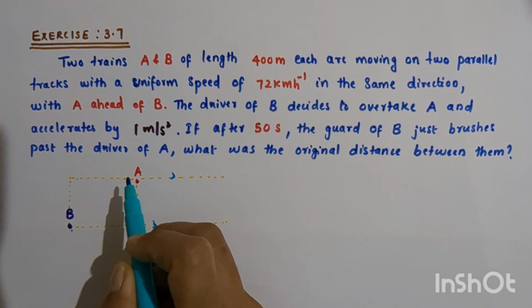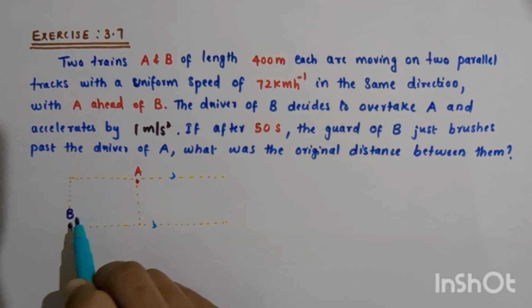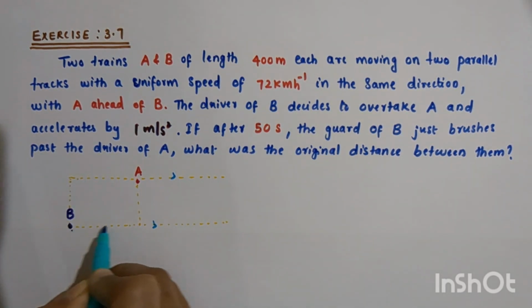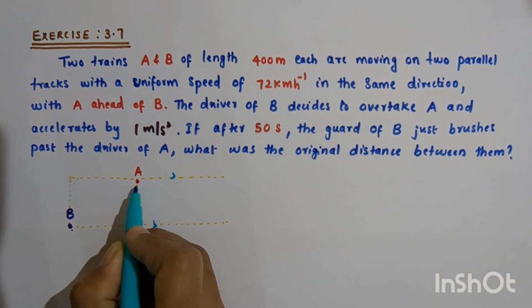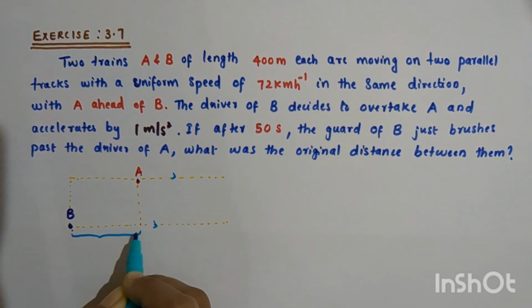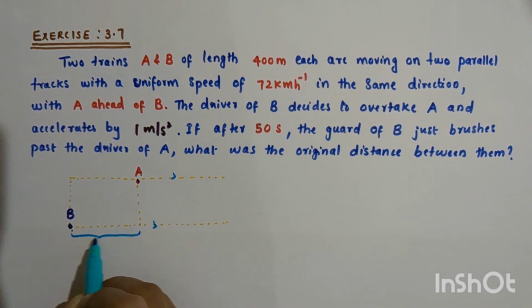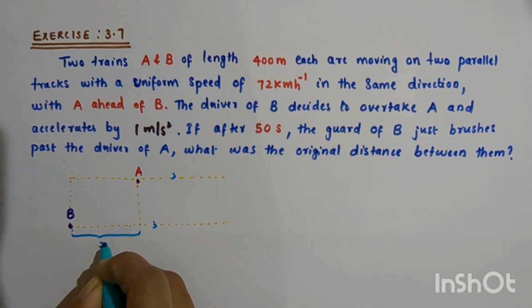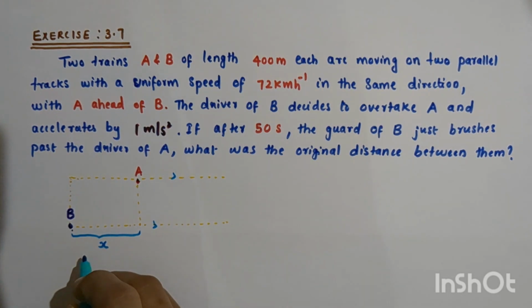It is given that A is ahead of B, so there is a certain initial distance between A and B. I am taking this original distance as x. We want to find this x.